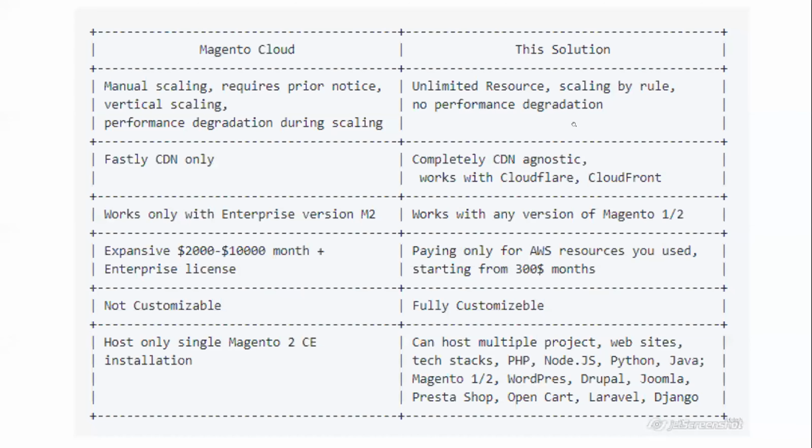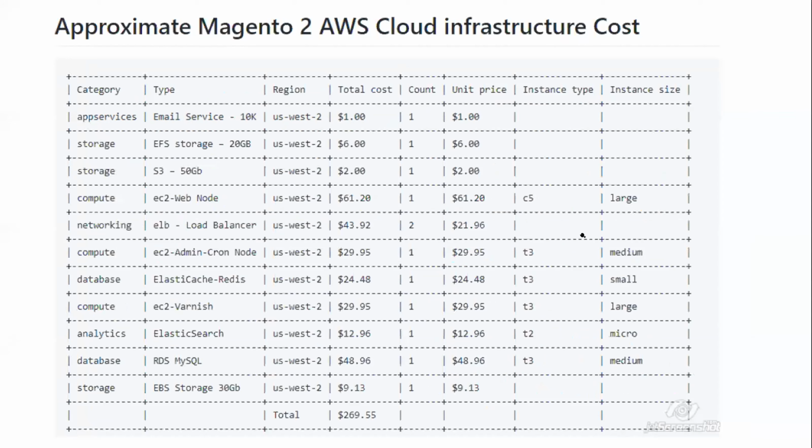As a quick takeaway, if you are going with Magento Cloud, it's very expensive, like 2,000 to 10,000 a month. With this infrastructure, the price will be, as you can see, about $300 or something like that, and you can still have savings.